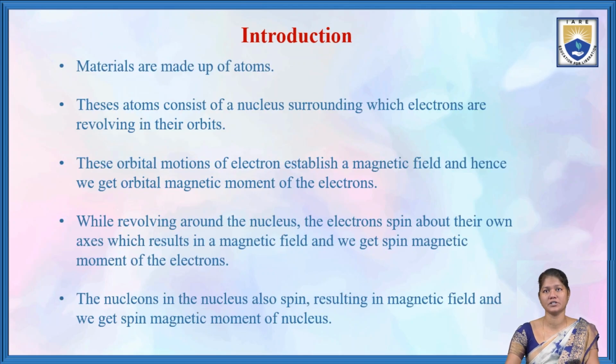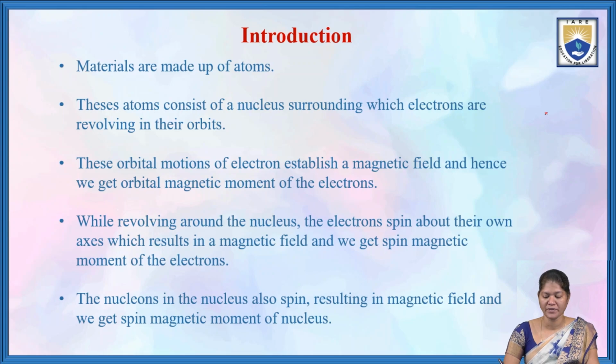So in this introduction, as we know, all materials are made up of atoms. These atoms consist of a nucleus, surrounding which electrons are revolving in their orbits.